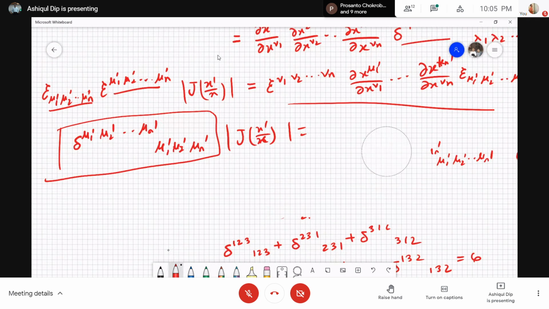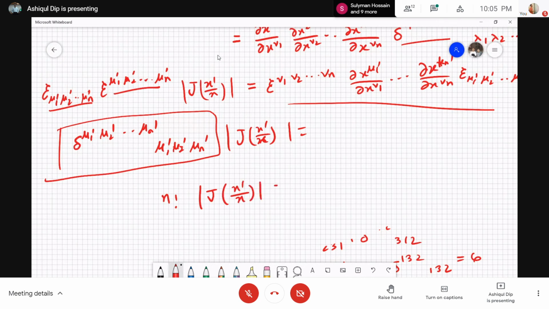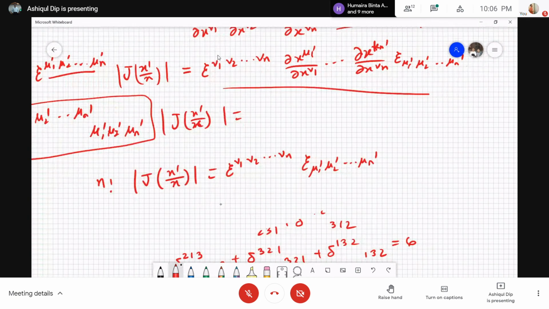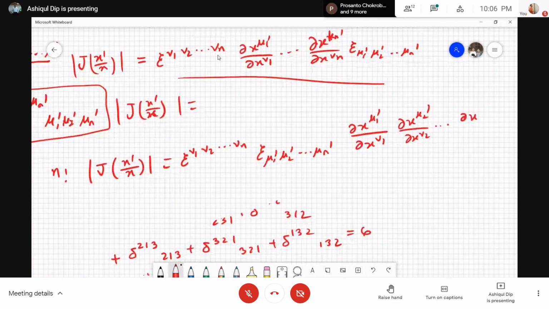So what we have seen is n factorial times the determinant of j gives you, on the other side, epsilon nu1 nu2 up to nu n, epsilon mu1 prime mu2 prime up to mu n prime, then delta x mu1 prime by delta x mu1, delta x mu2 prime by delta x mu2, up to delta x mu n prime by delta x mu n, like that.